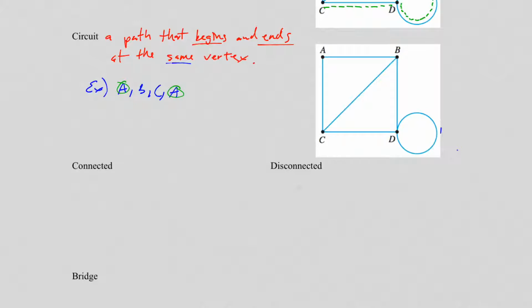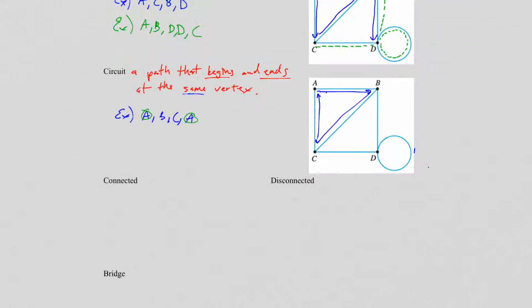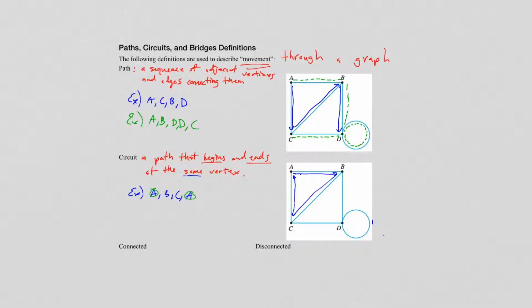So this thing makes a triangle. Go to B, go to C, go back to A. Okay? That's a circuit. It is a path, but it's a specific path ending at the same place where you began, so we also call it a circuit. Any questions so far with those two definitions? Okay? A path can be wherever, but a circuit has to come back to where you started.